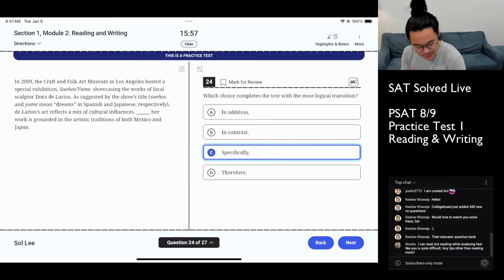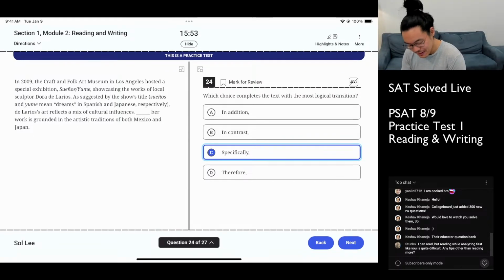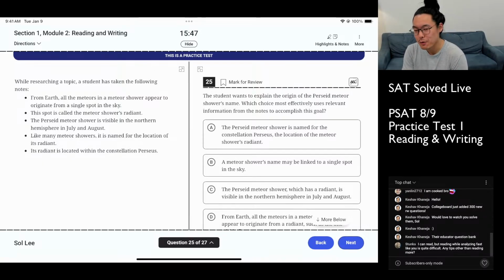But that's still kind of stupid because of the Spanish. Okay, I got it. Fine, it is specifically, but I don't think that was very well written. Okay, I'm not gonna fully blame myself there. Stunks. Okay, that's gonna take longer. I'll come back to that after the module.